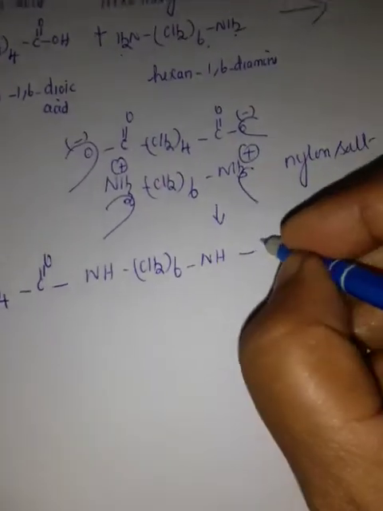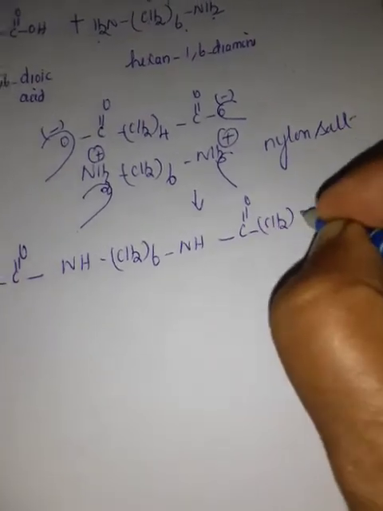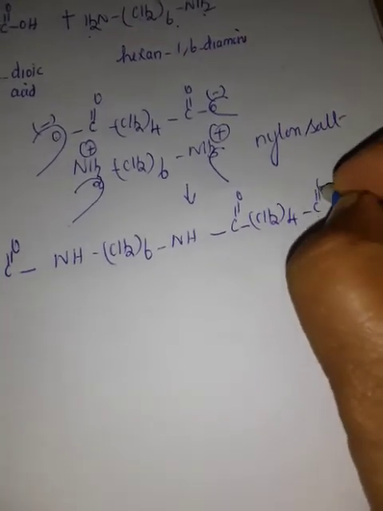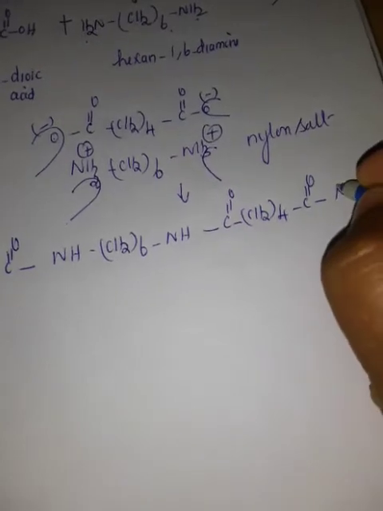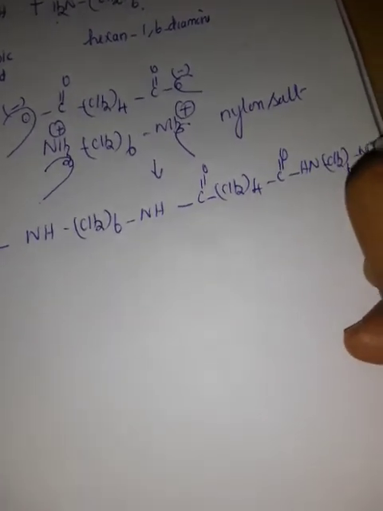Once more this group joins, C double bond O, CH2 4 times, C double bond O, and once more NH, CH2 6 times, NH.